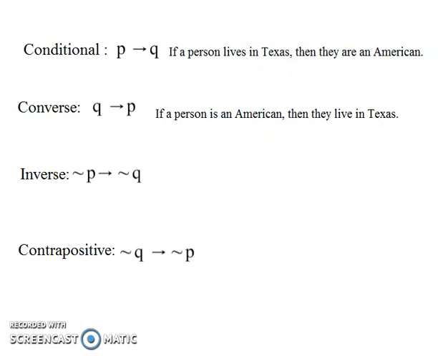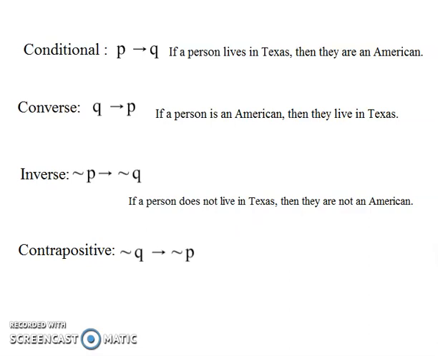And then for the inverse, we will negate P and negate Q. So if a person does not live in Texas, then they are not an American. So you can see that we took that first P statement, the first hypothesis, if a person lives in Texas, and we simply put the word not, or made it the opposite value.